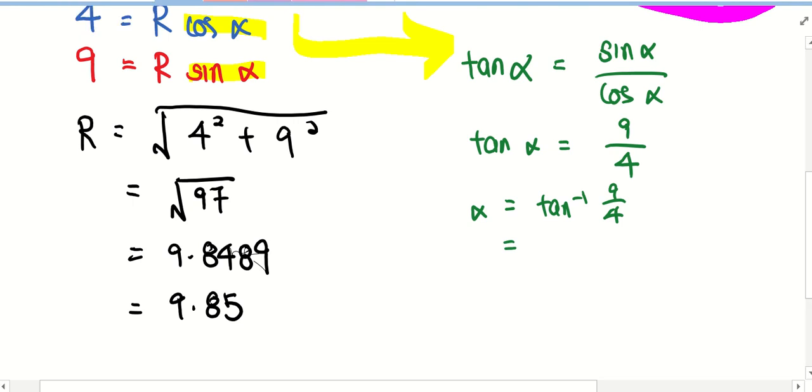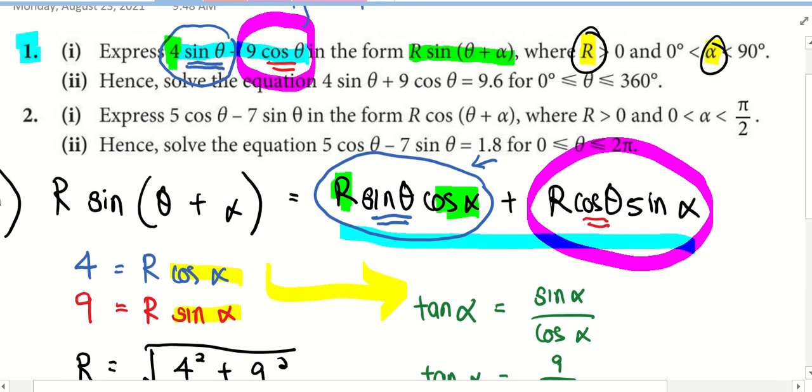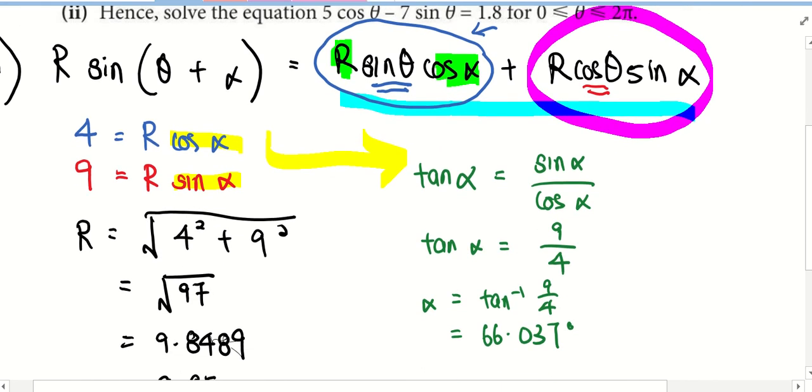What will we get? 66.037. Okay, enough. You see, I told you our idea is to find R as well as alpha. Have we found it? Then we are done. What do we need to do?